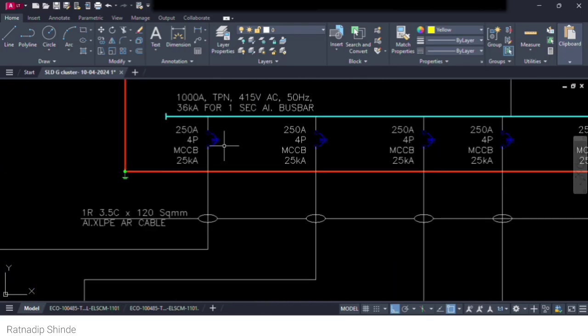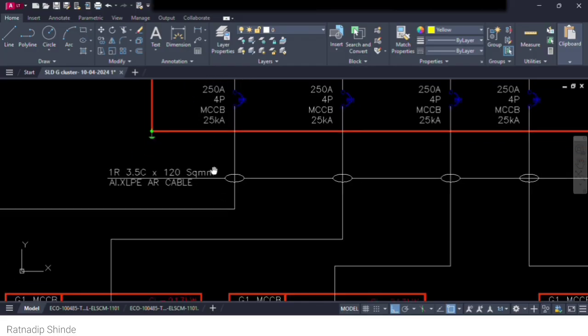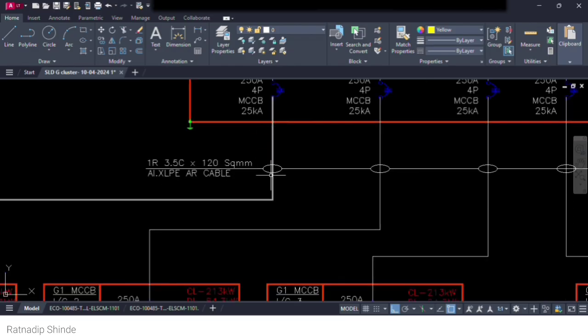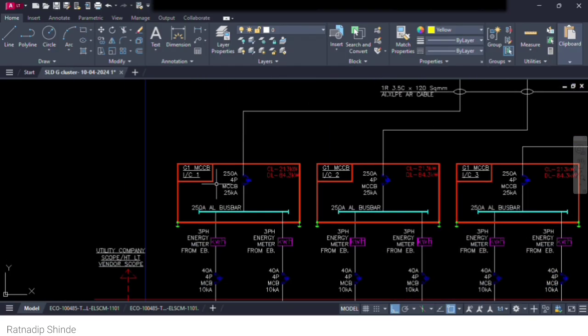Here we connected a 250 ampere 4 pole MCCB, molded case circuit breaker, with a short circuit rating of 25 kilo ampere. The outgoing cable is 3.5 core, 120 square mm aluminum cross-linked polyethylene armored cable.